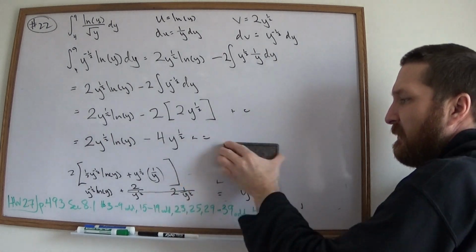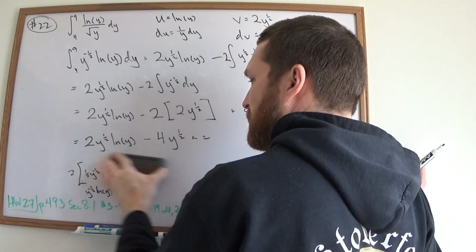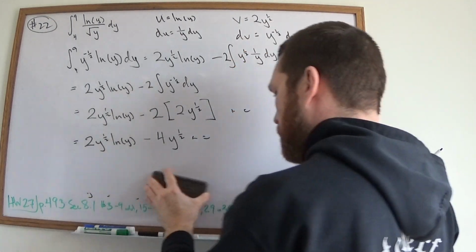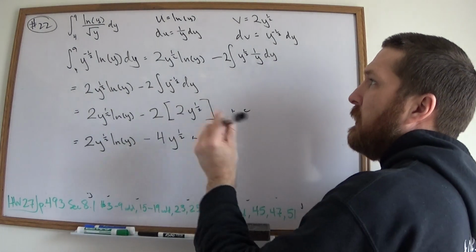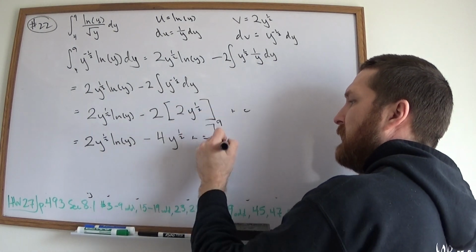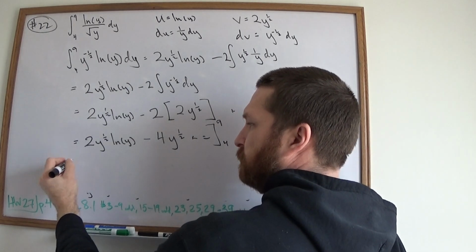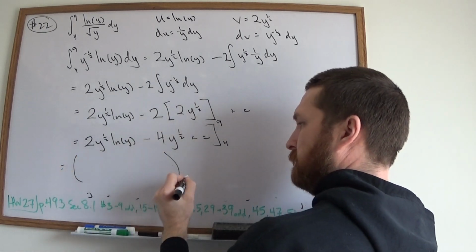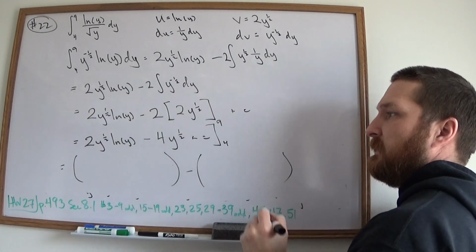So this is a definite integral. Let's evaluate it up at 9 and down at 4. It's going to look something like that.